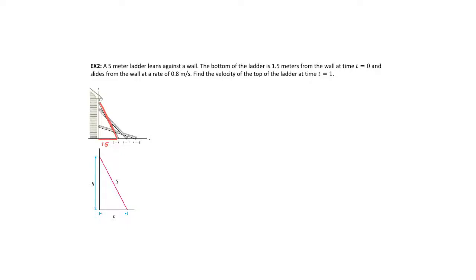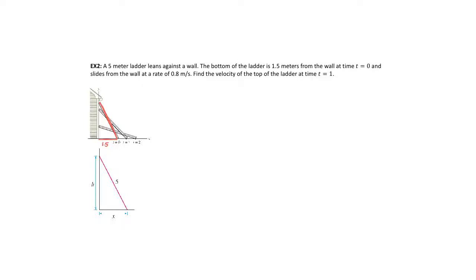So given that, what I want to do in this problem is to create a cleaner diagram. So I'm going to transition to the bottom right here, and we're going to let x represent the horizontal distance from the bottom of the ladder to the wall, and h is going to be the vertical distance from the top of the ladder to the ground.